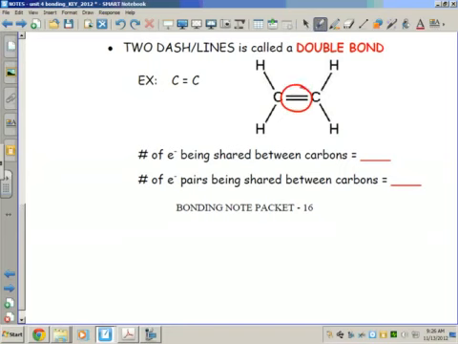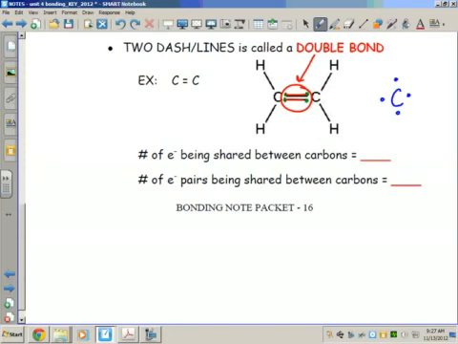When you see 2 dash lines, that illustrates a double bond. Now what we're saying is you have 1, 2 electrons, 3, 4 electrons. 2 pairs of electrons are being shared between the carbons. And this is something that's very unique about carbon, since it has 1, 2, 3, 4 unpaired valence electrons.